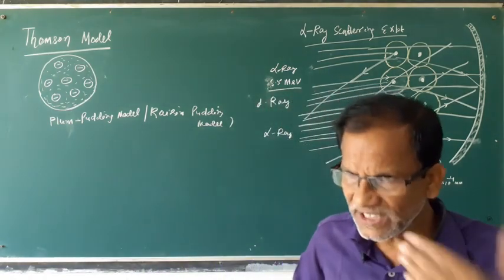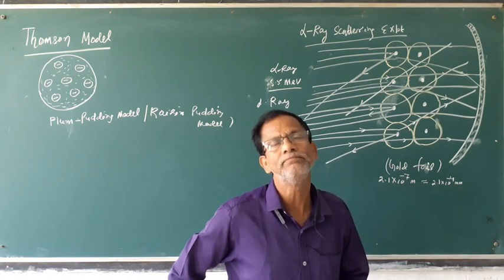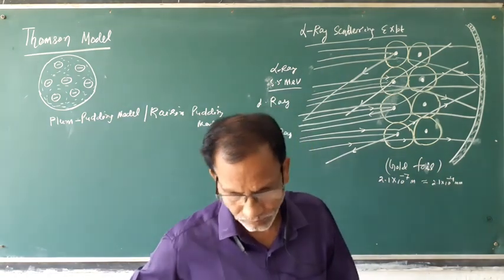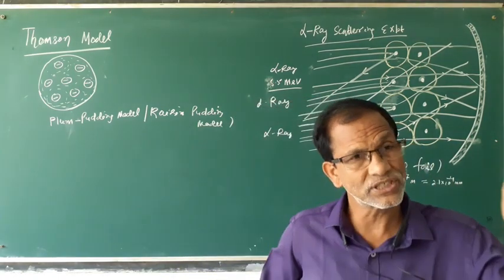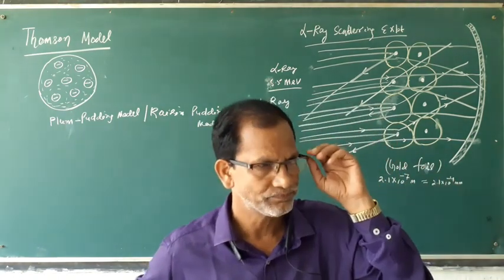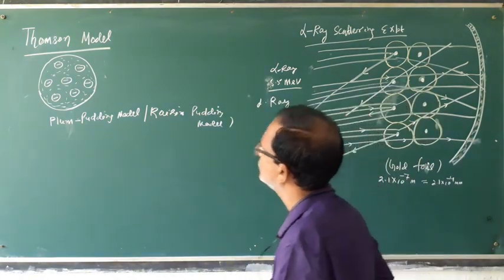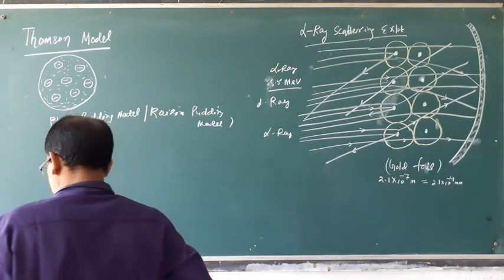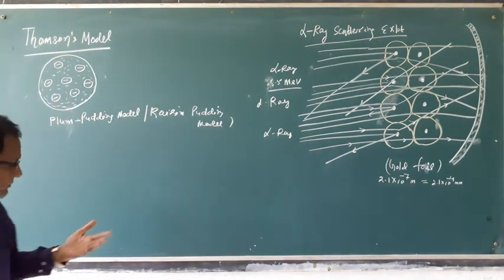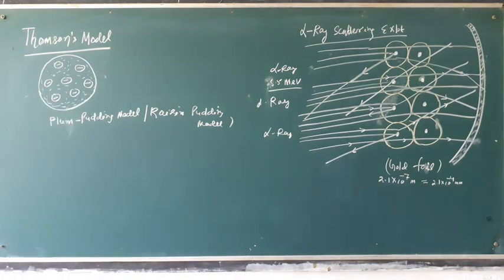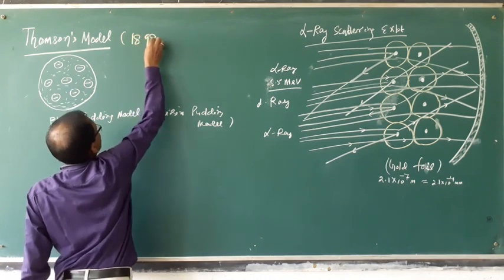So, for this idea, we have to discuss some atomic models. What is the construction of the atom? What are the positions of particles inside the atom? The first attempt was given by Thomson in the year 1898.